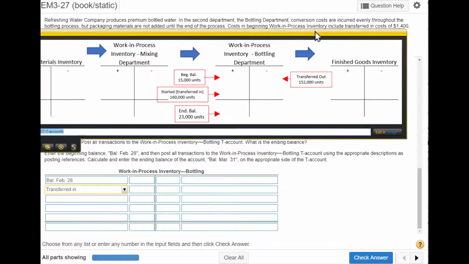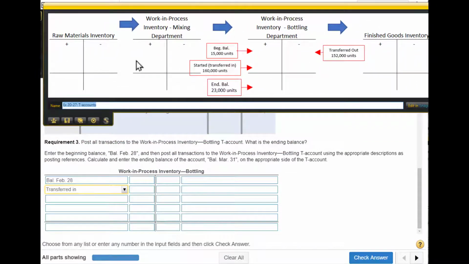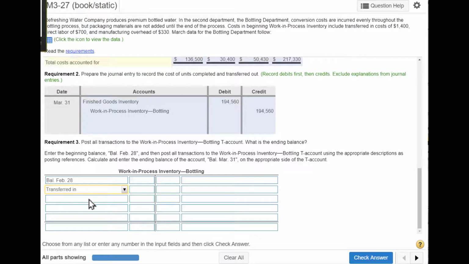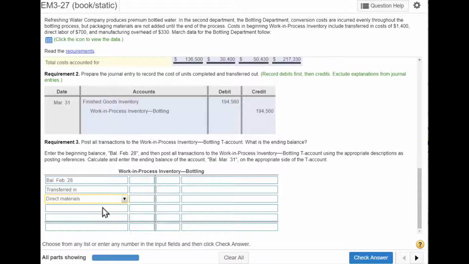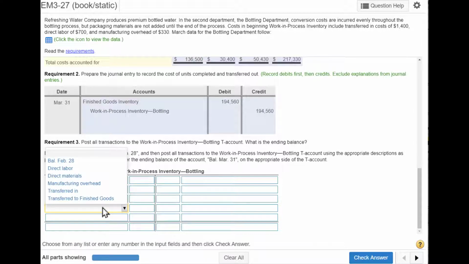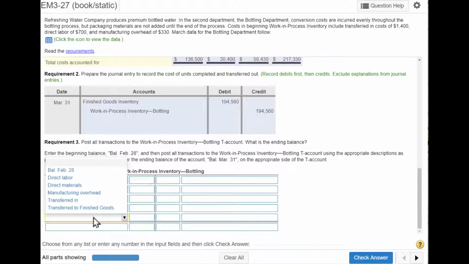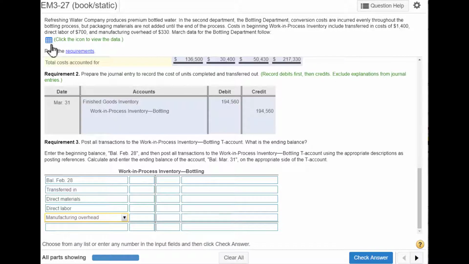Remember, we transferred in costs from the previous department, the mixing department. And then we added some direct materials. We added direct labor and manufacturing overhead. So how do we find those amounts?